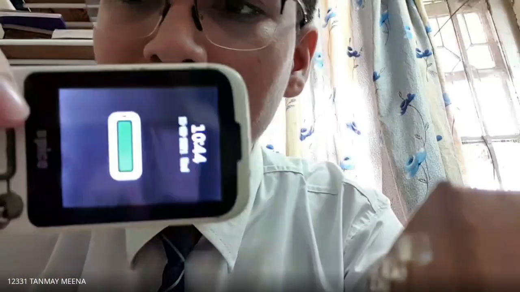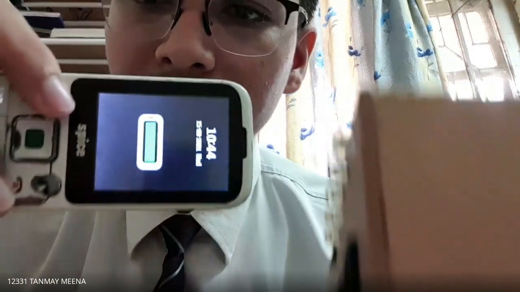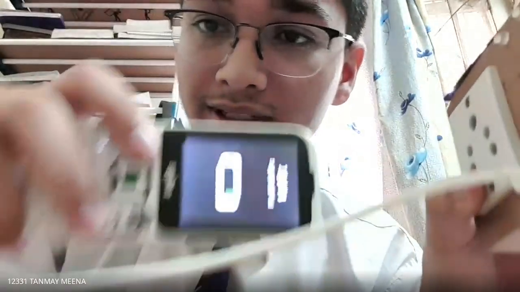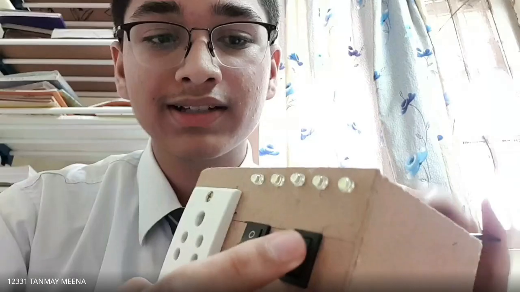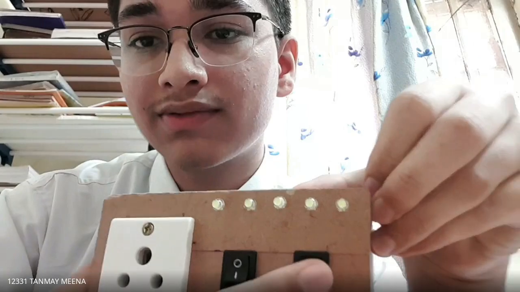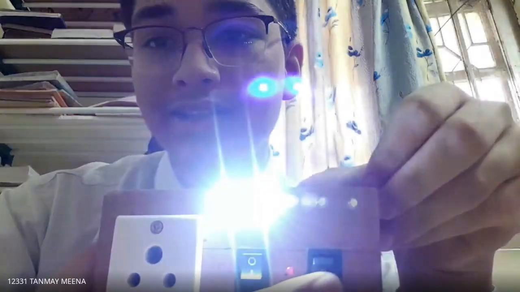Ma'am, is it visible? As you can see, the phone started charging. Yes, beta, visible. Yes, ma'am. And I have also added an extra 5 LEDs of half watt connected in parallel.